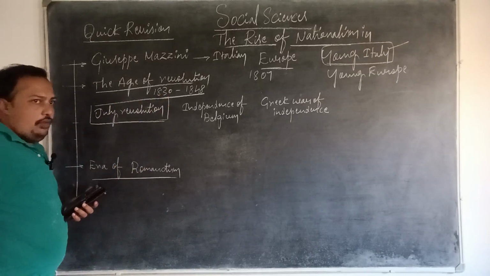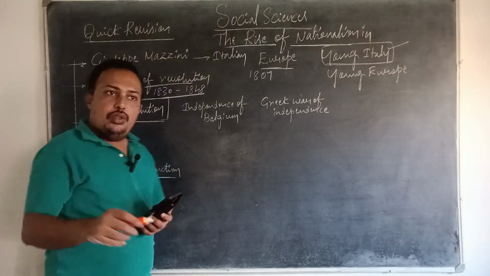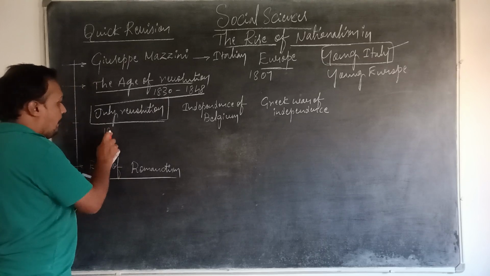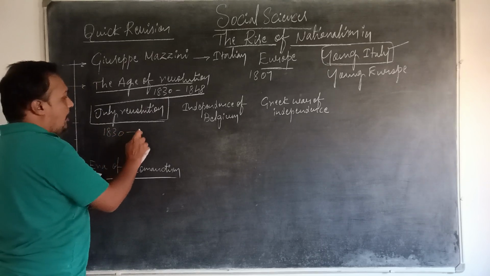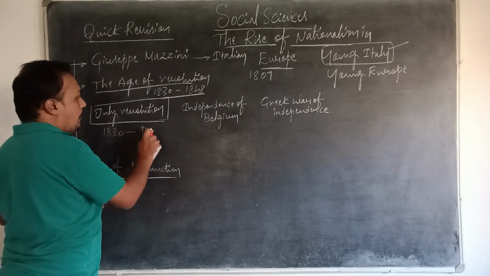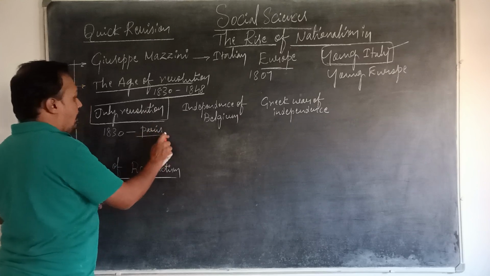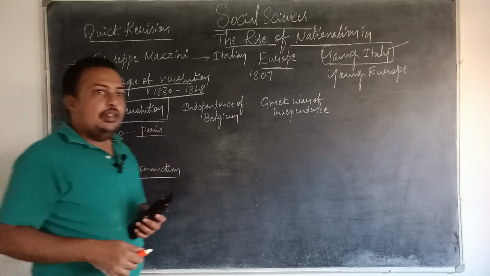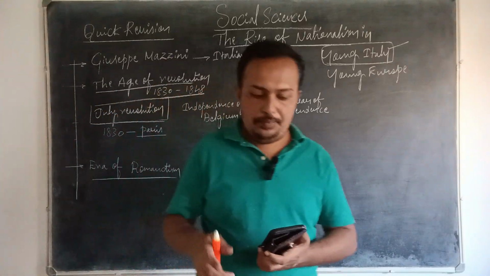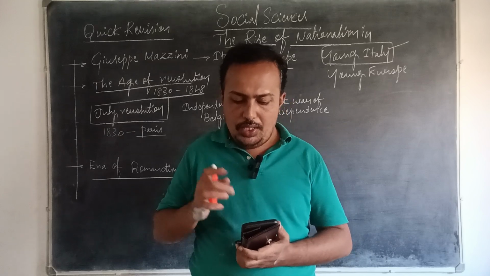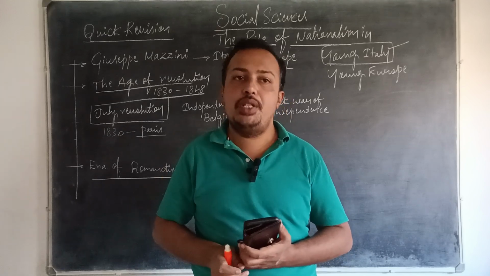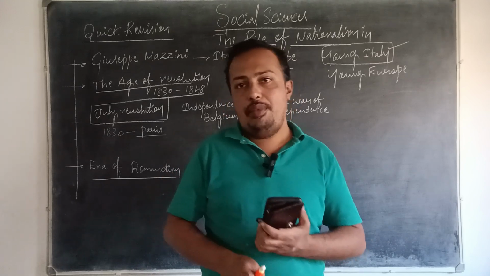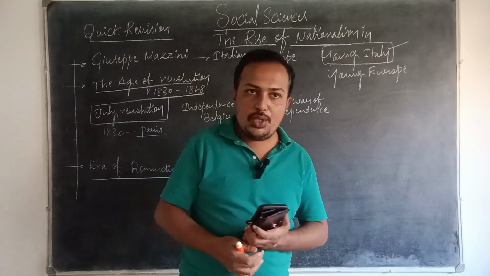Number one, the July Revolution. The July Revolution of 1830 took place at Paris, in France. After the July Revolution, a constitutional monarchy was established. Louis Philippe became the new constitutional monarch.